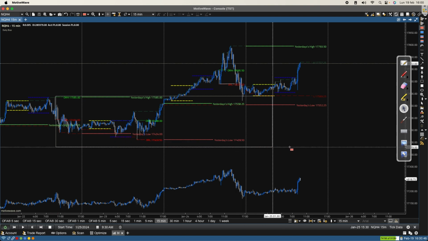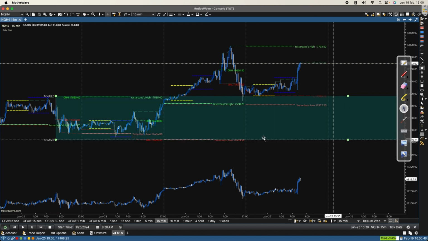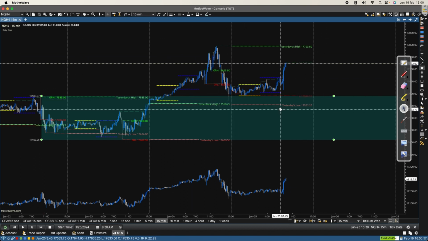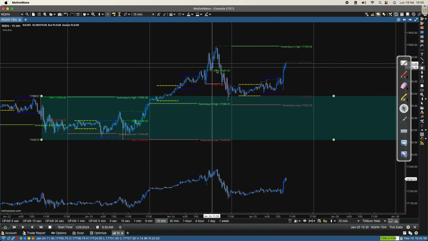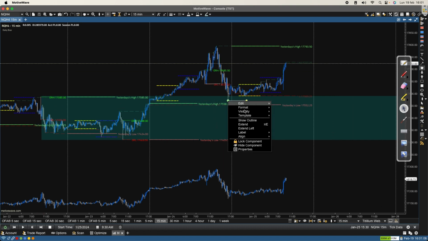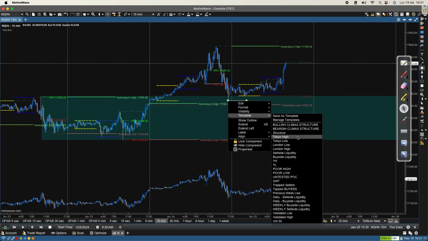This is the last range, the last consolidation that had already been tested before price moved up. So we are going to be bearish from here, which is the last impulse, until we reach this level, which is our target.